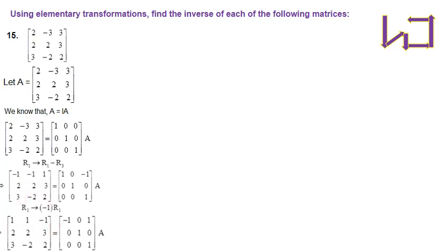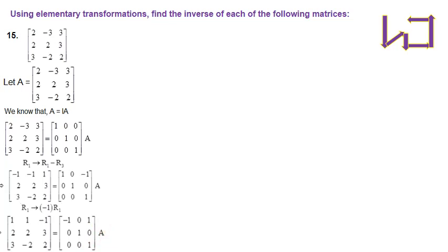Equal to, on the right side matrix, again if you multiply minus 1 with R1, 1 into minus 1 is minus 1, then 0 into minus 1 is 0, then minus 1 into 1 is minus 1, sorry, minus 1 into minus 1 is equal to 1. So R1 is changed to minus 1, 0, 1. R2 remains the same. R3 also remains the same into matrix A.